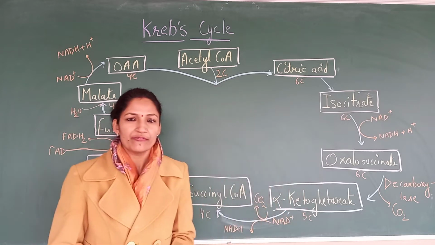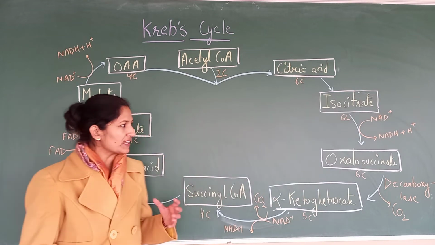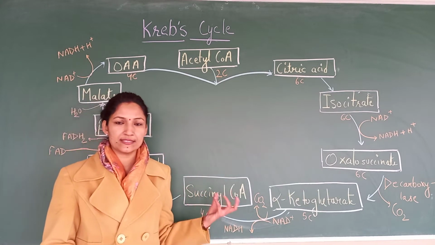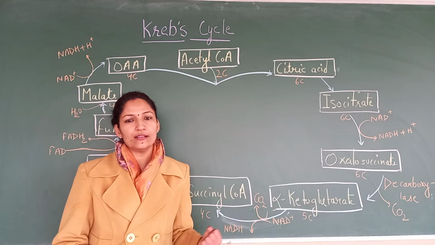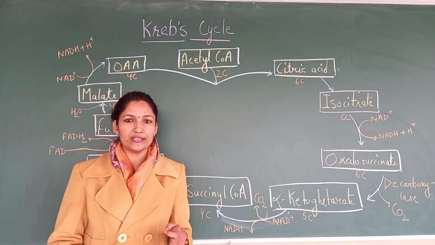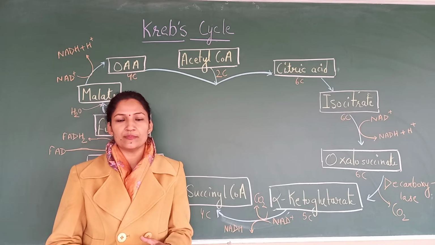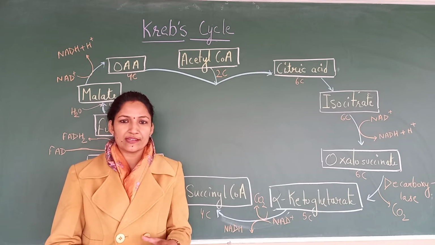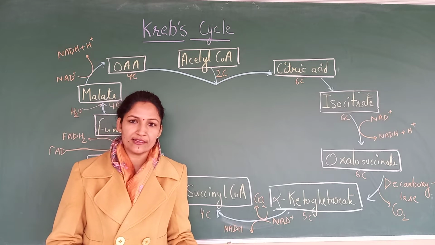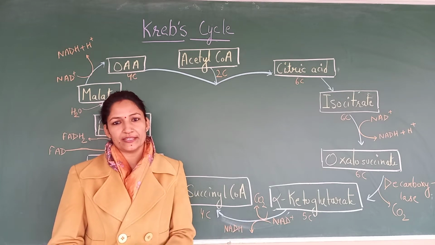Before that, we must know that whatever the requirement is for the cycle, all the enzymes, the substrates, the coenzymes, everything is present inside the mitochondrial matrix. So the reaction takes place over there by using those raw materials.